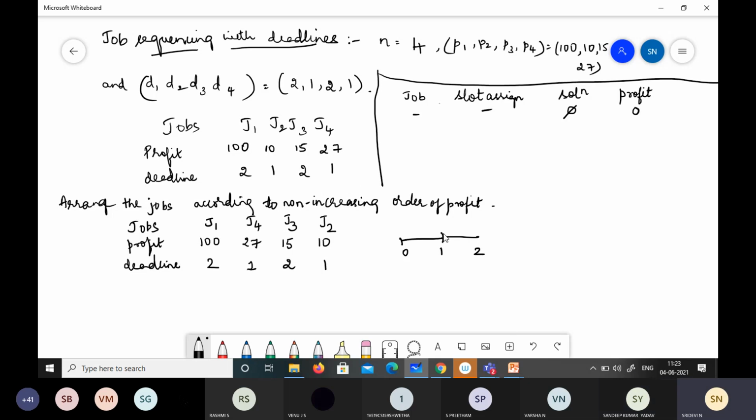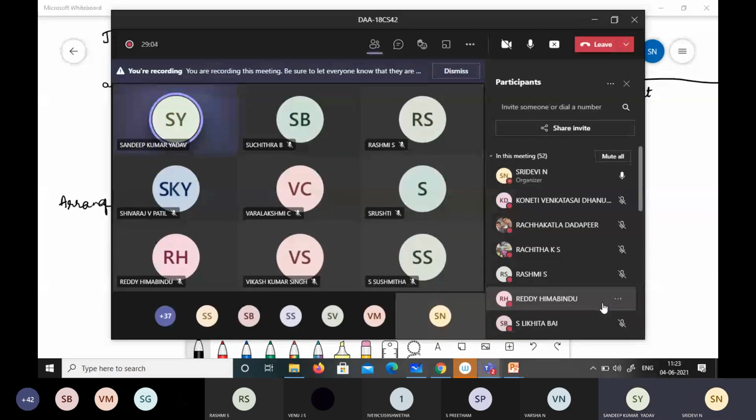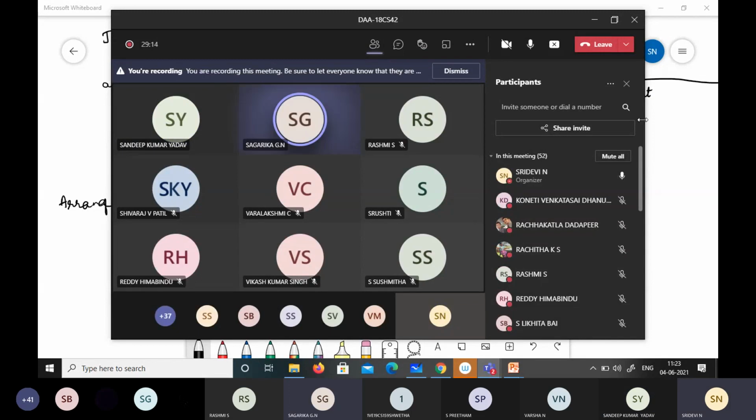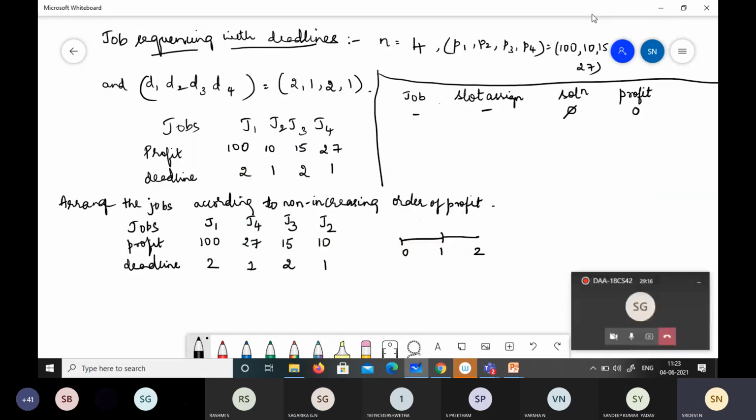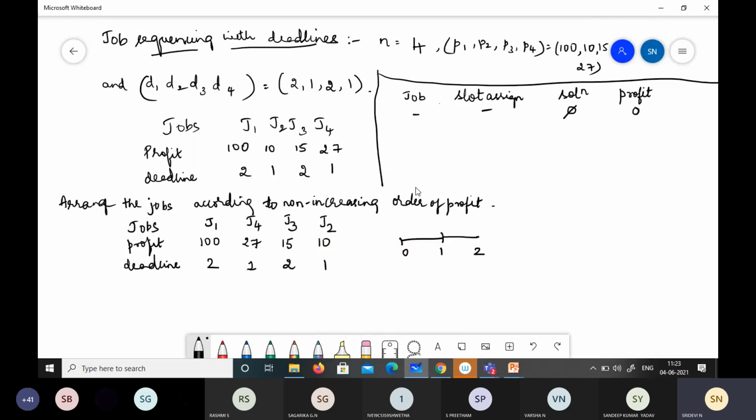Yes, J1 and J4. Yes, Sagarika, J1 and J4. Now we have chosen 2 jobs to complete.